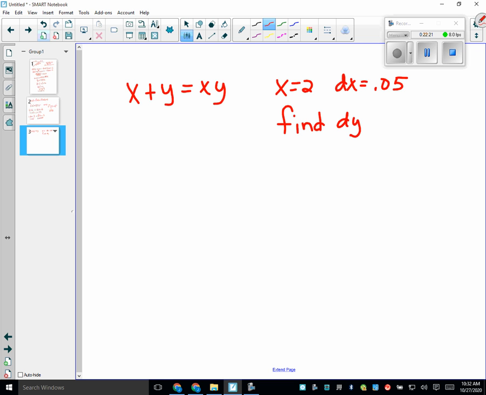What is the derivative of x? 1 dx. What's the derivative of y? Is this a product? Which is the first times the derivative of the second plus the second times the derivative of the first.